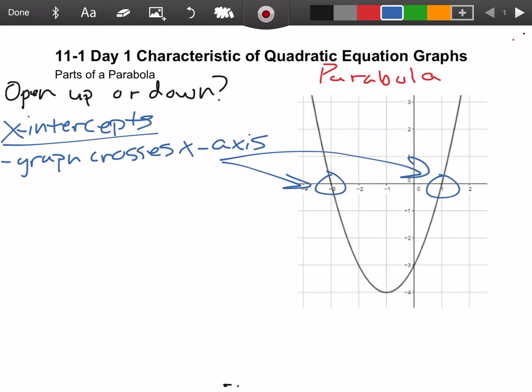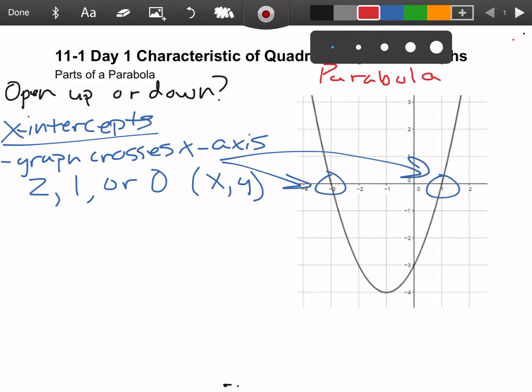Usually in this case there are two x-intercepts. You could have one x-intercept, and there are also some graphs that have zero x-intercepts. Usually we write them in terms of their coordinates x, y, but not always like that. We'll go into some examples of why you would just say a single number for each of those intercepts.